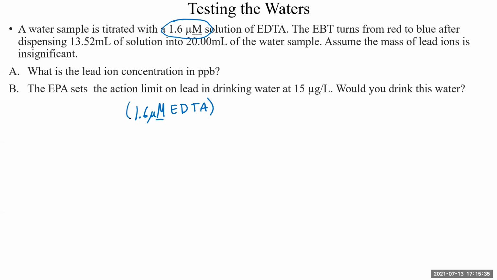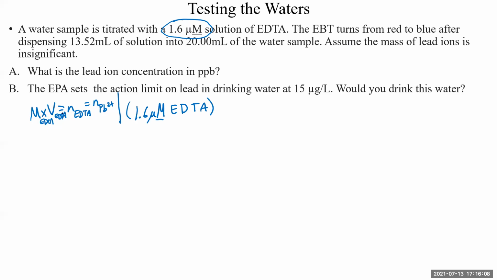So we multiply molarity times volume to get moles of EDTA, which will equal, by definition, moles of lead ion. Ultimately, we're just trying to figure out the moles of lead ion from multiplying the molarity of the EDTA solution and the volume of that EDTA solution.